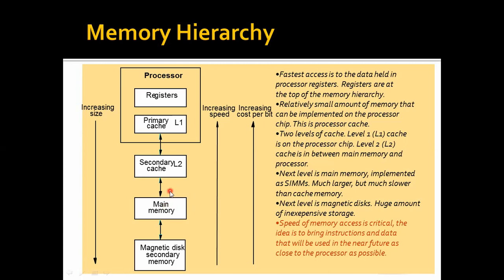The speed increases from bottom to top. That means the speed of the magnetic disk secondary memory will be low, and the primary cache speed will be very high. From bottom to top, the cost per bit also increases. This is the memory hierarchy.